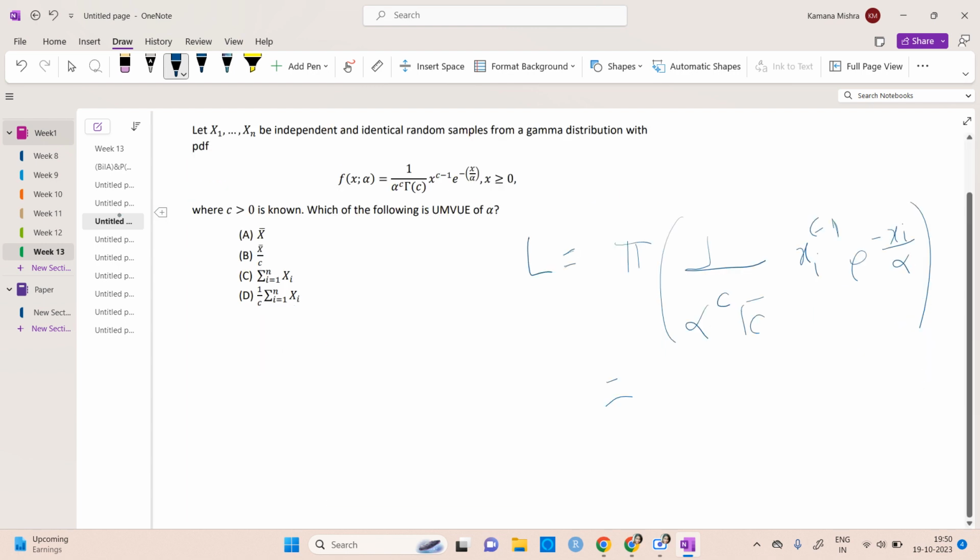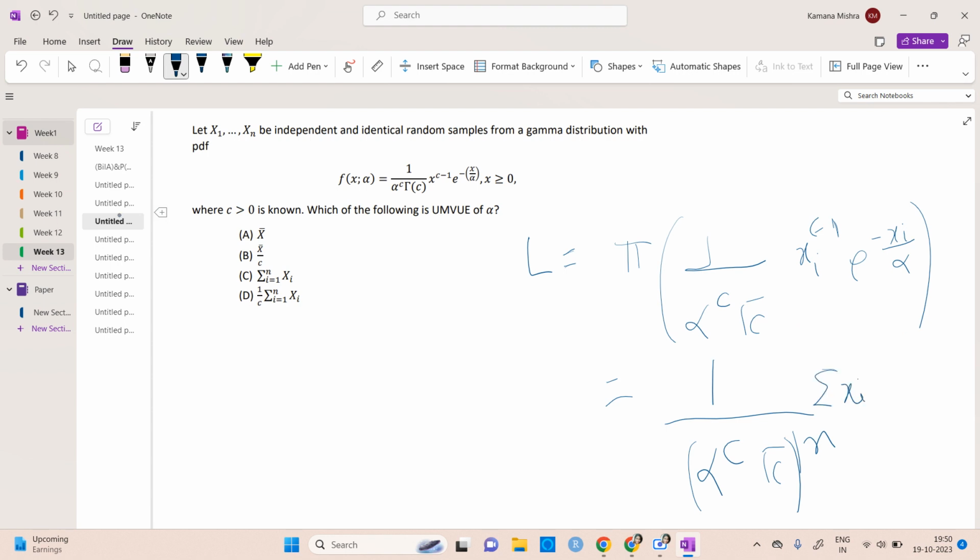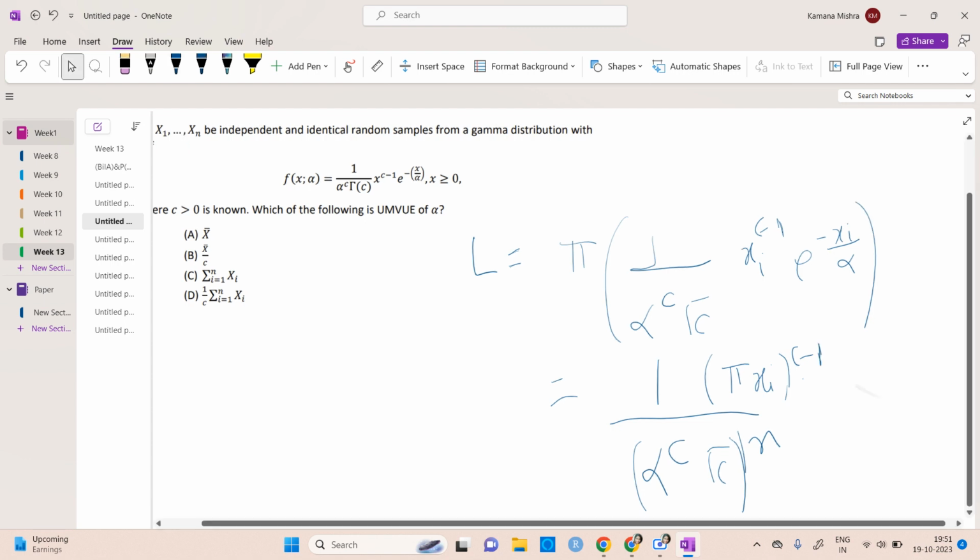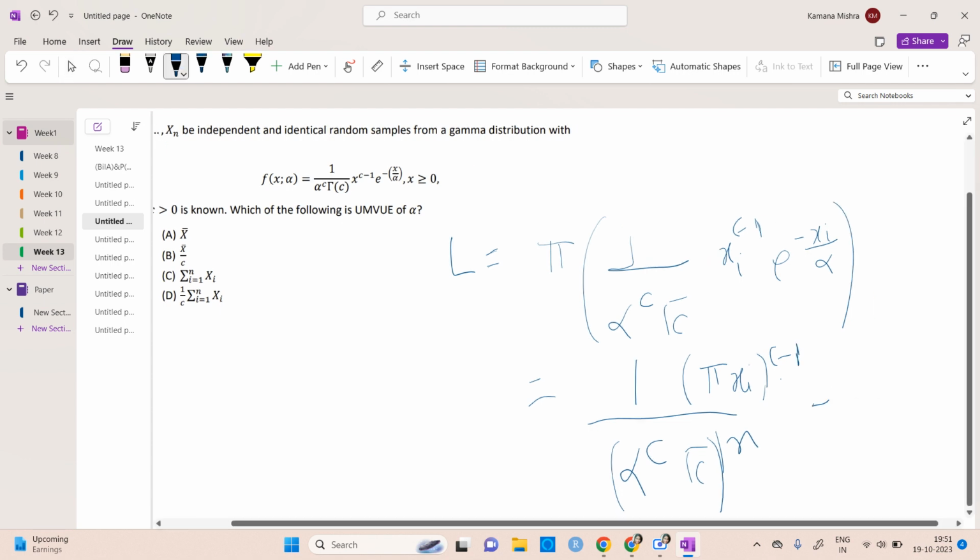So if you do the multiplication over here, it would be (gamma alpha to the power c) whole to the power n, and then multiplication over xi to the power c minus 1, and in e, it is summation over xi by alpha.